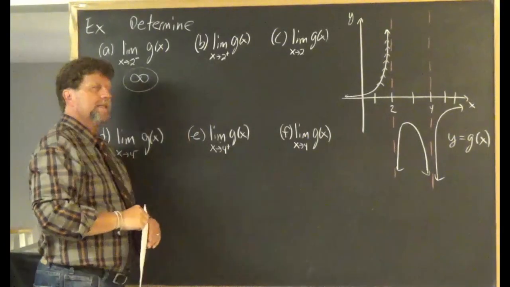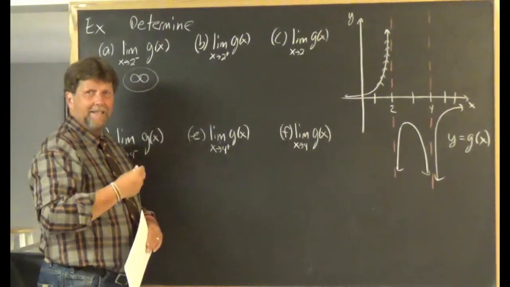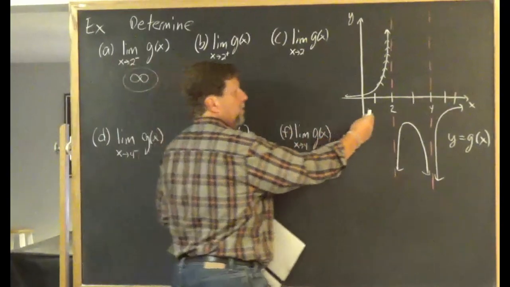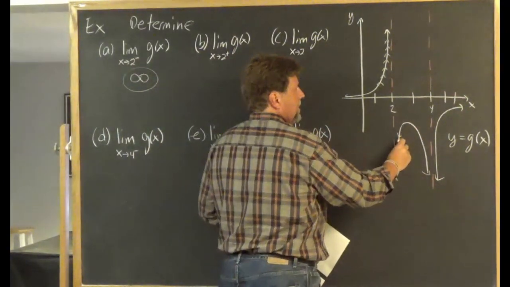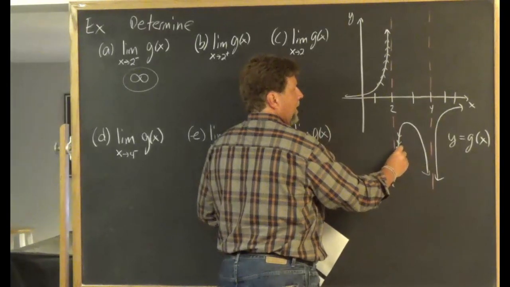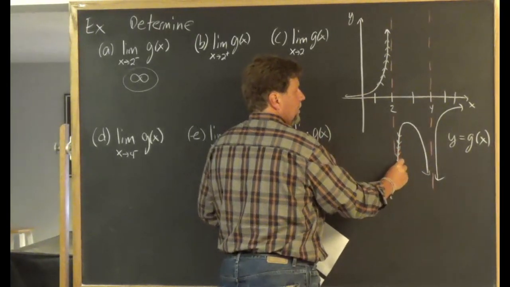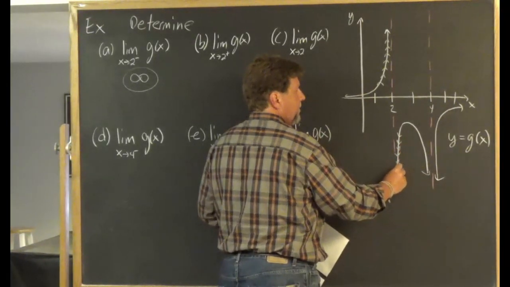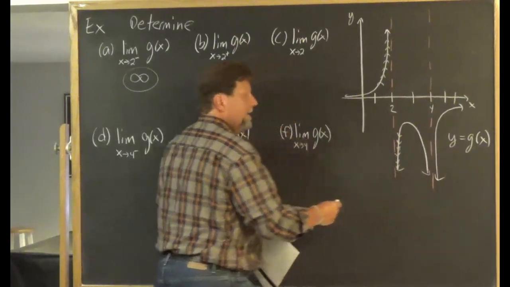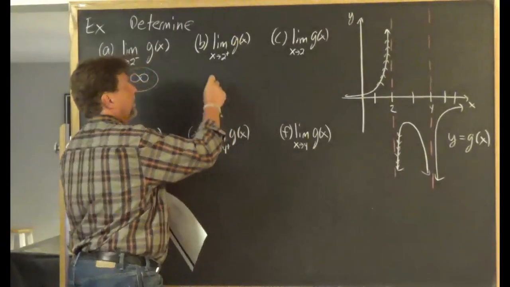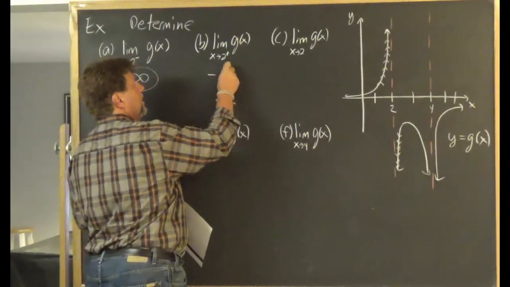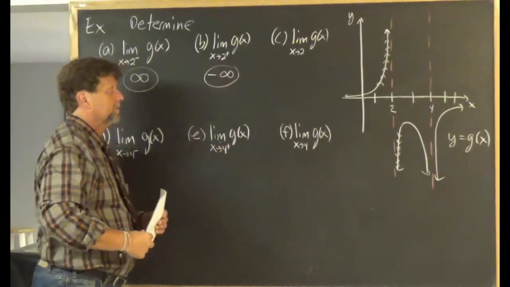Part B, the limit as x approaches 2 from the right side. All right, so we come to the right of 2, we'd be here on the graph. As we approach 2 from the right side, it looks like the function values are decreasing without bound. We represent that with negative infinity.